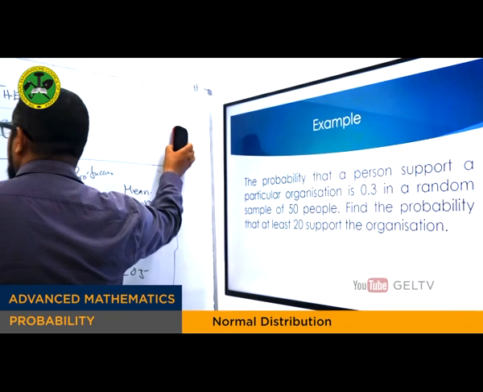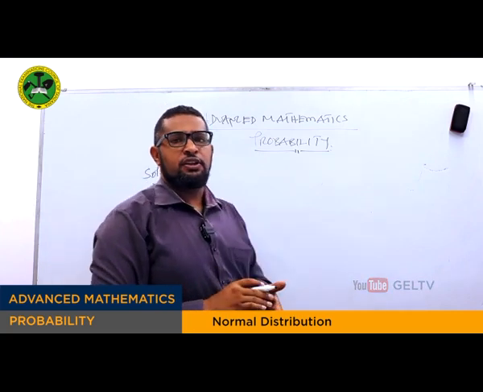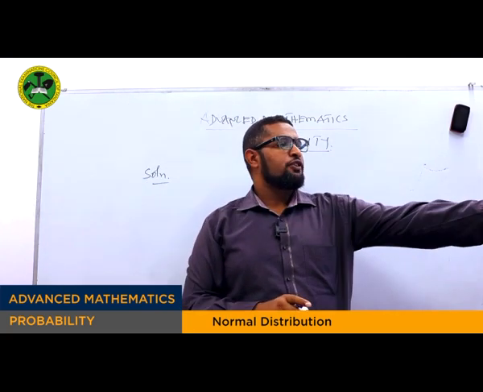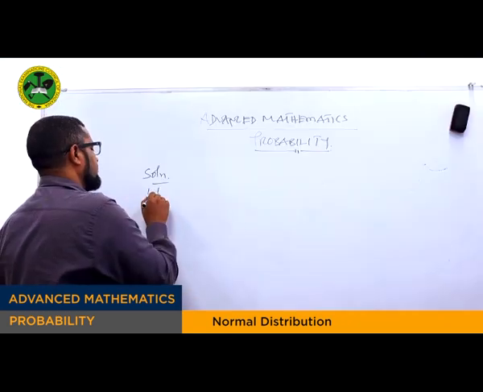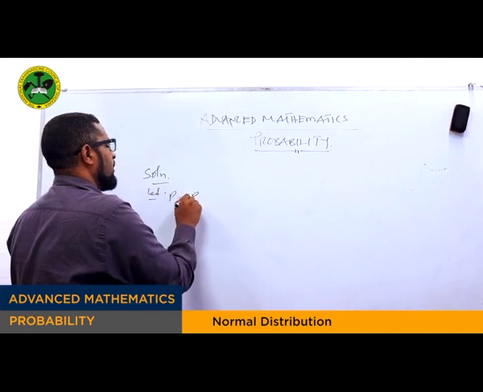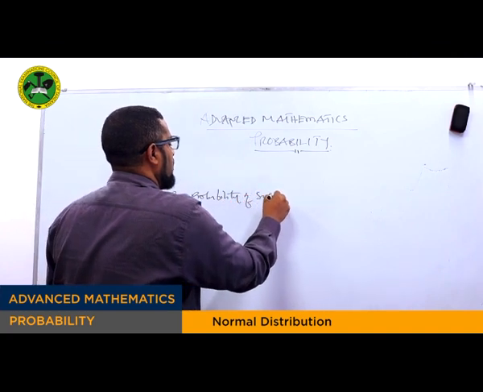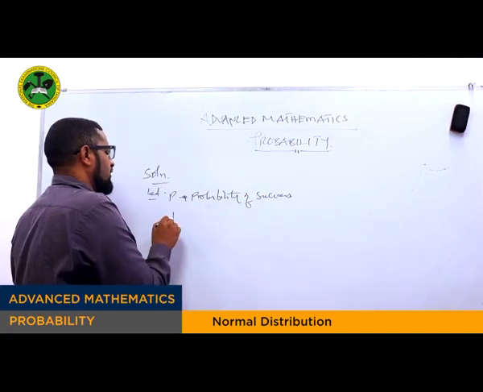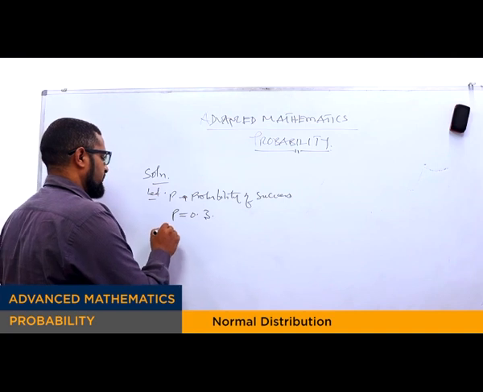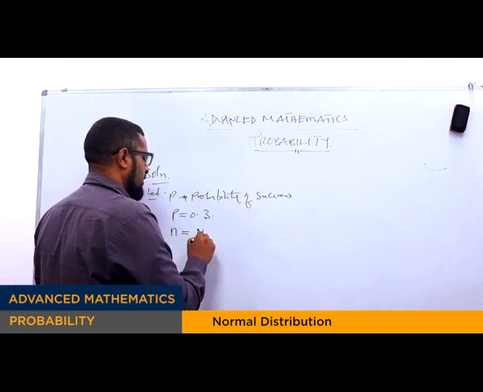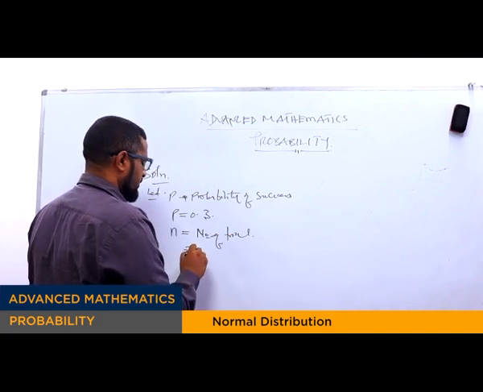Now, let's see how to solve that question. First, write what you're given in the question. Probability that a person supports a particular organization, support means that is the probability of success. So let p be the probability of success, which we are given as 0.3. But also we are given n, the number of trials, which is 50.